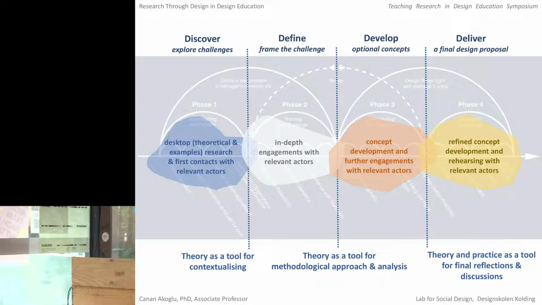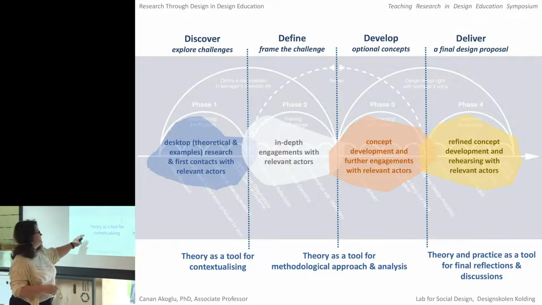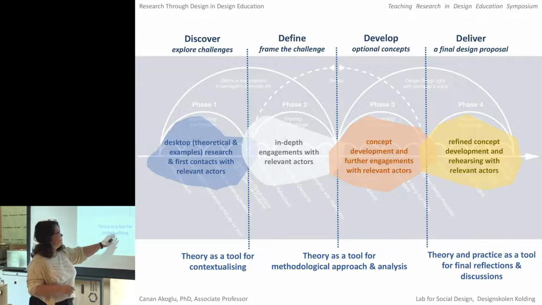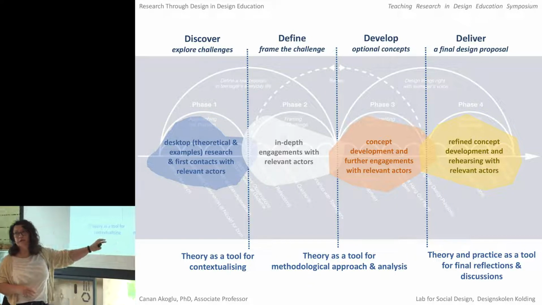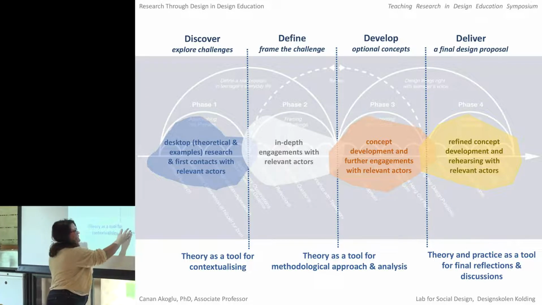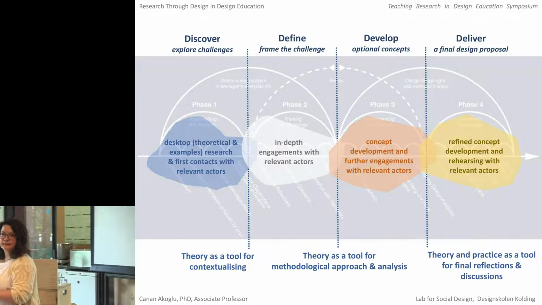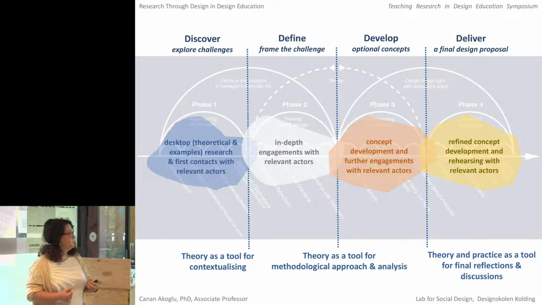As you see here, the first one I show is using theory as a tool for contextualizing. As I just mentioned, it could be used in the early phases of the project for the framing of the topic that they want to work on.